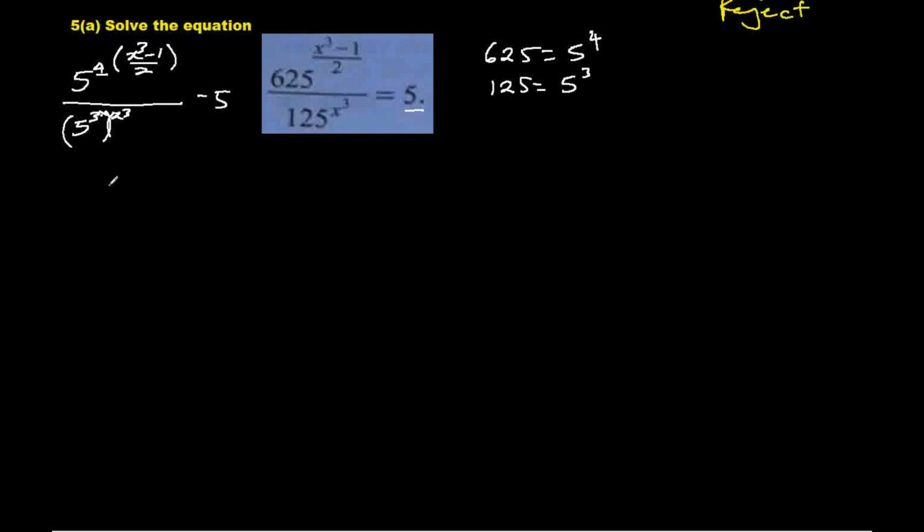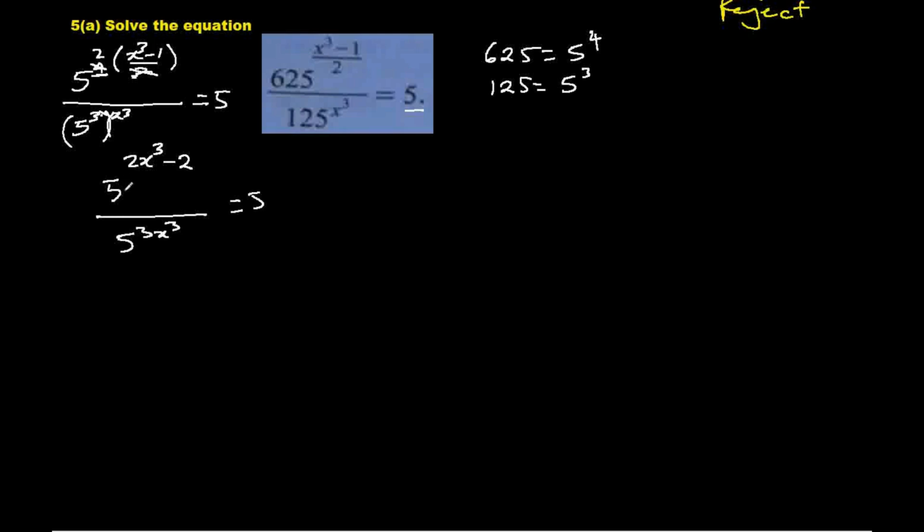Now what does it become? 5 to the power, if they multiply 4 and 2, this 2 and 4 will cancel out, so we'll be left with 2x cube minus 2. Okay, 2 multiplied by x cube, 2 multiplied by minus 1, there is no 2 anymore, so that's the numerator. What about the denominator? It will become 5 and 3x cube, they multiply, equal to 5.